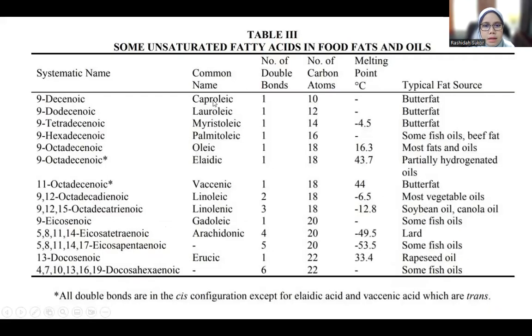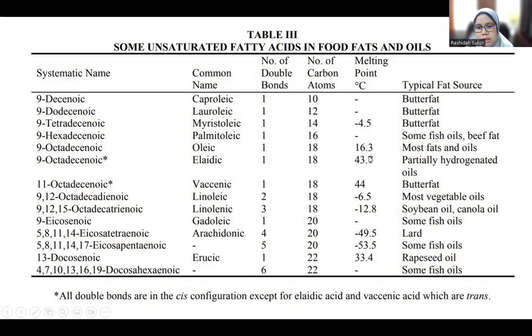This is the common name: lauric acid, oleic acid, and so on. Linoleic acid, linolenic acid are all PUFA. Linoleic acid has 2 double bonds, linolenic acid has 3. So 18:1 is oleic acid, 18:2 is linoleic acid, 18:3 is linolenic acid. These common ones you have to know, like linoleic, linolenic, oleic, and palmitic acid, the common fats. You have to know that.